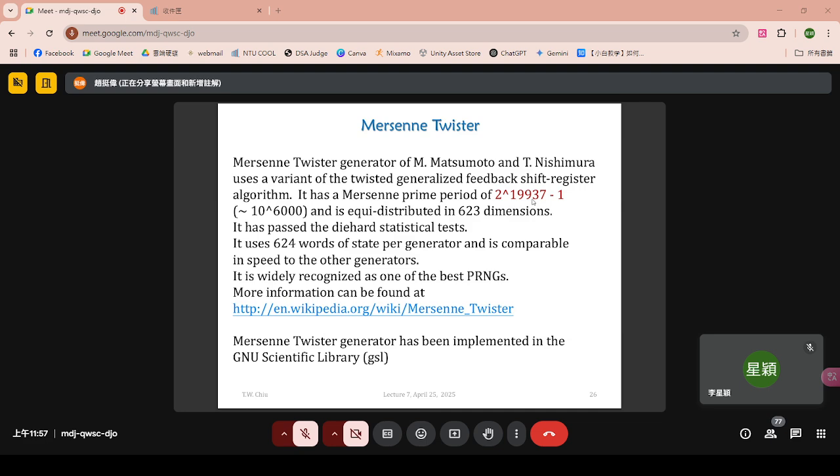So it attains this period and also has good randomness. The twist gives it very good randomness.